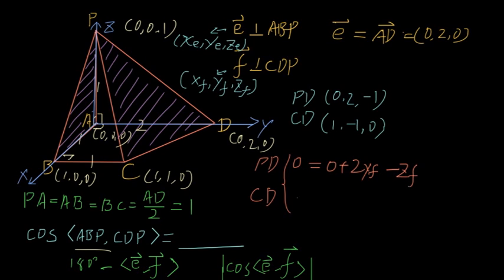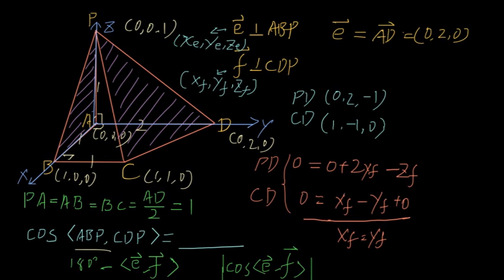And then for CD, 0 equals xf minus yf plus 0. From the equation CD, we can get xf is equal to yf. And when we replace xf in the first equation, we find that we have 3 variables and only 2 equations. So F is impossible to solve.